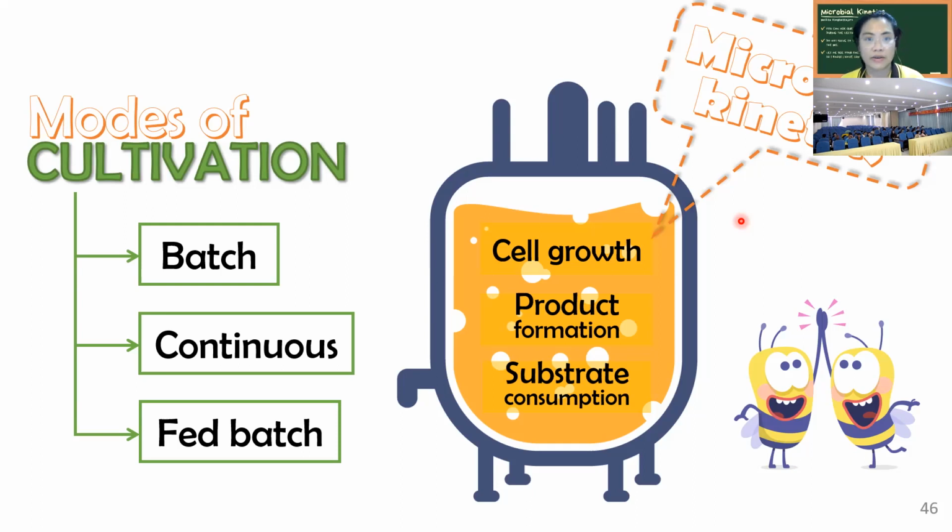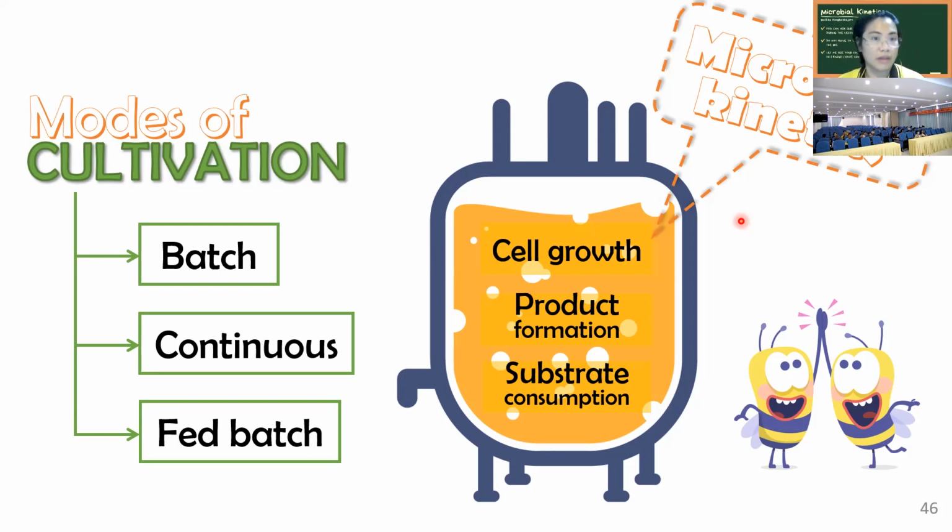Those are the three scenarios, and we know where the product is formed, just how the substrate makes the product. Okay, and understanding those microbial kinetics will help you somehow determine the mode of cultivation as well.